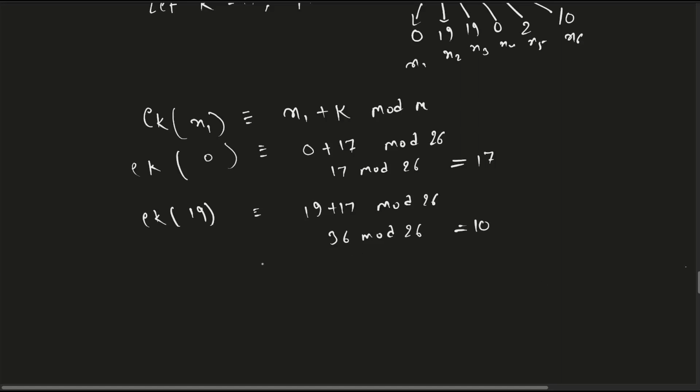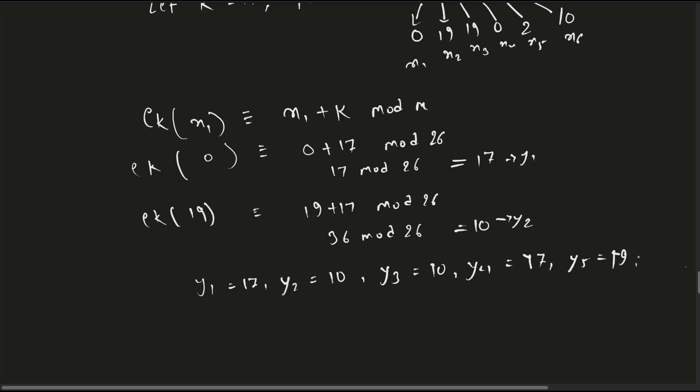Eventually our output, y1 is 17, y2 is 10, y3 is also the exact same letter, 10, y4 is 17, y5 is 19, and eventually y6 is 10 after conversion.